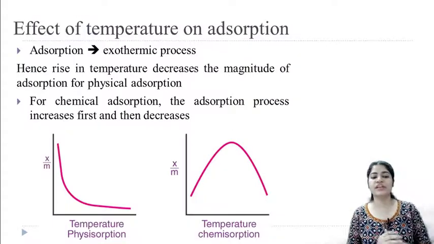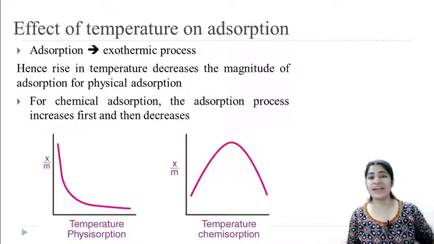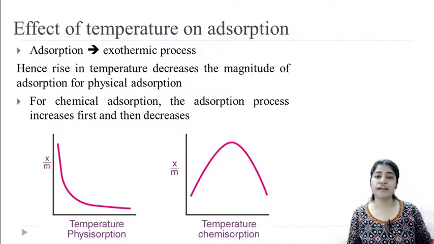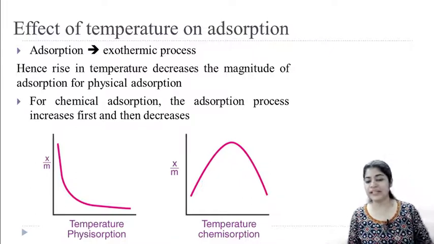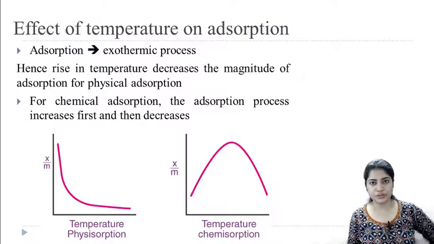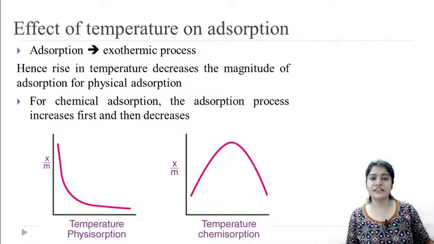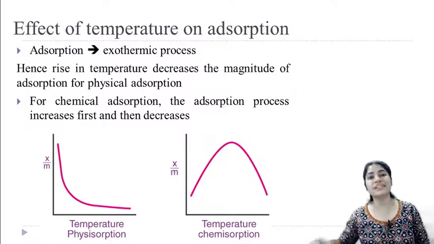Now what is the effect of temperature on adsorption? Adsorption is an exothermic process. Hence a rise in temperature decreases the magnitude of adsorption for physical adsorption. In CRE you might have studied that for an exothermic process we decrease the temperature.